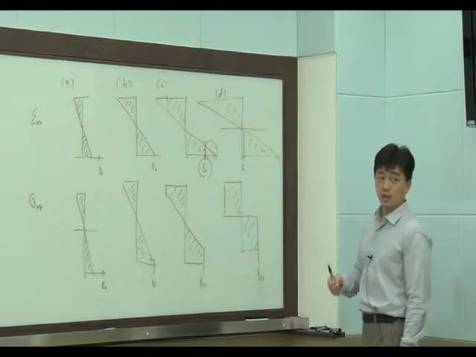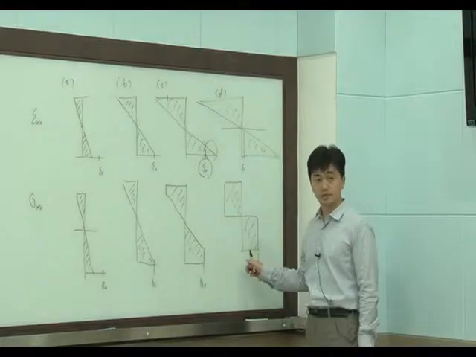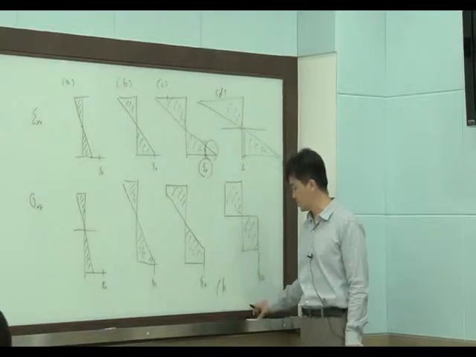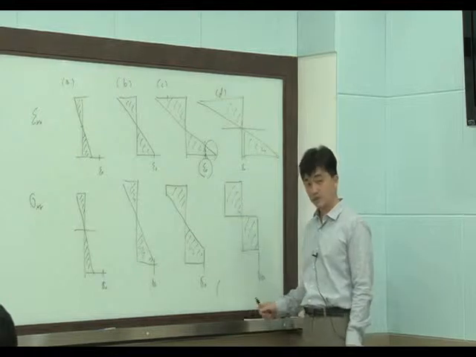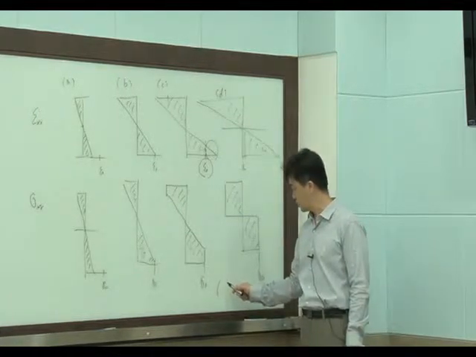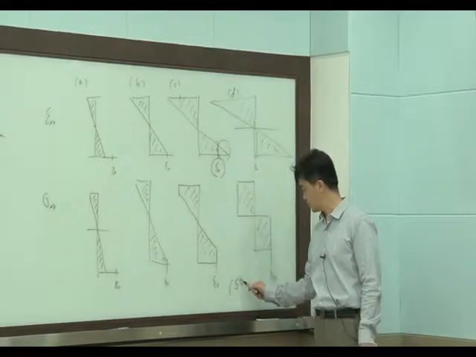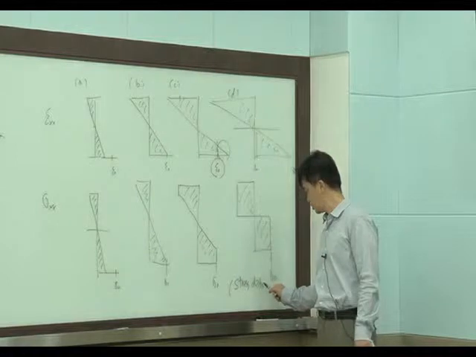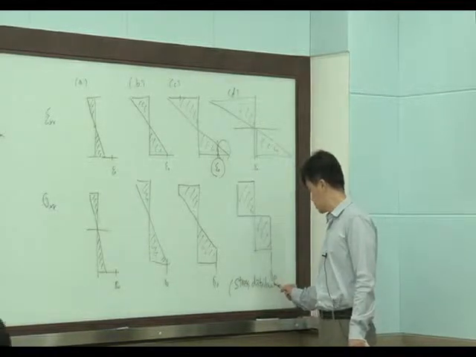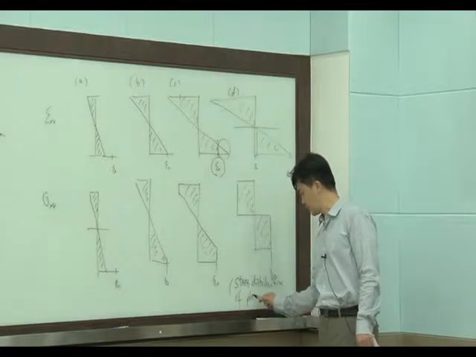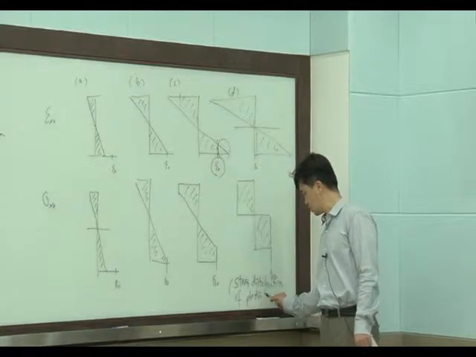So when we have a stress distribution like this in this section, we are saying this is a plastic hinge. Plastic hinge occurs.